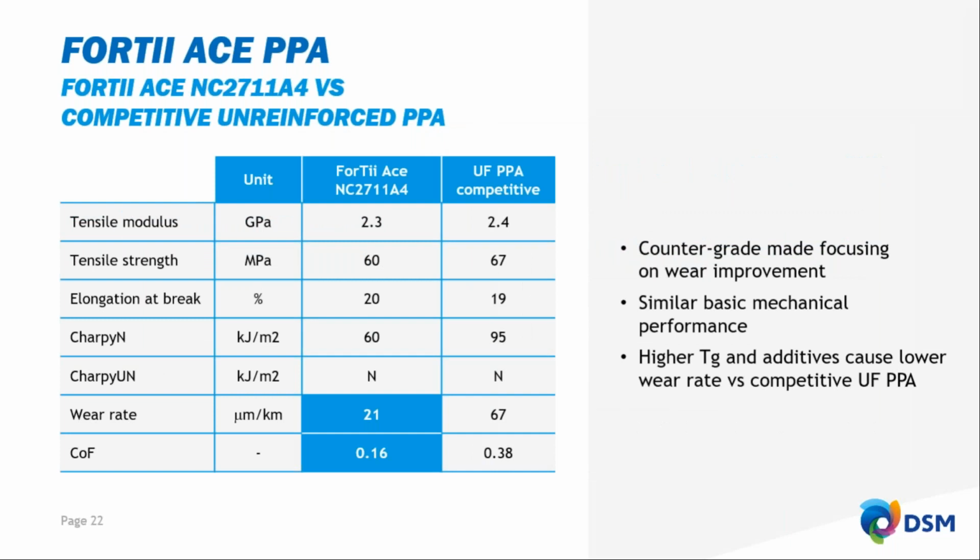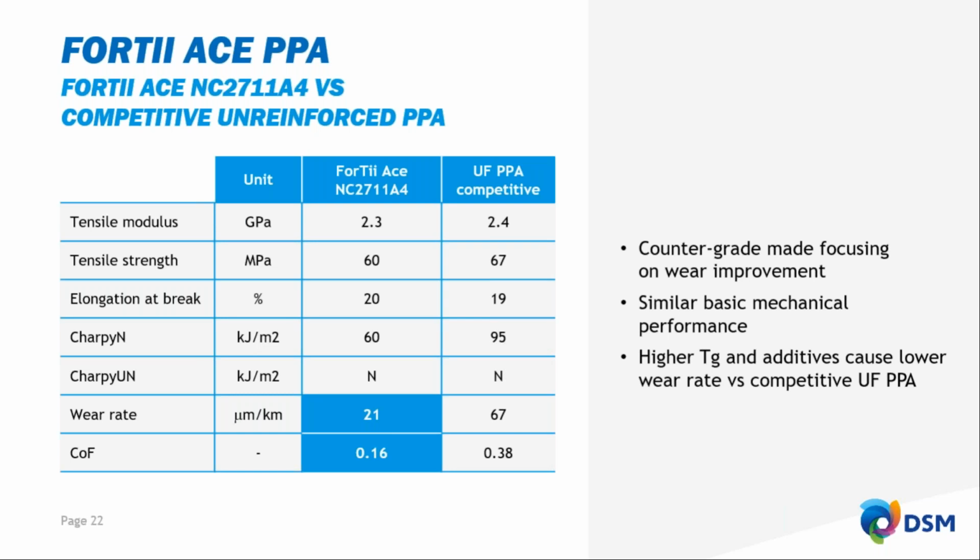So next, I'd like to focus on some of the material comparisons to other PPAs out in the market. We benchmarked current rod guides, and this is the unreinforced 4T PPA. Mechanical properties are very, very similar.